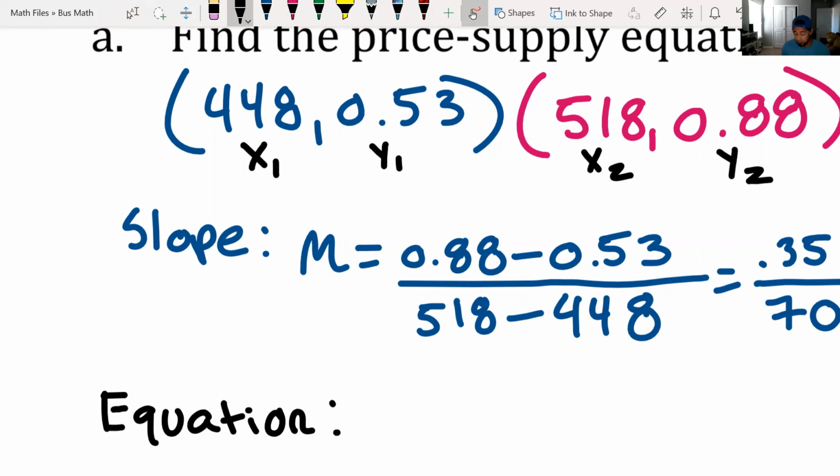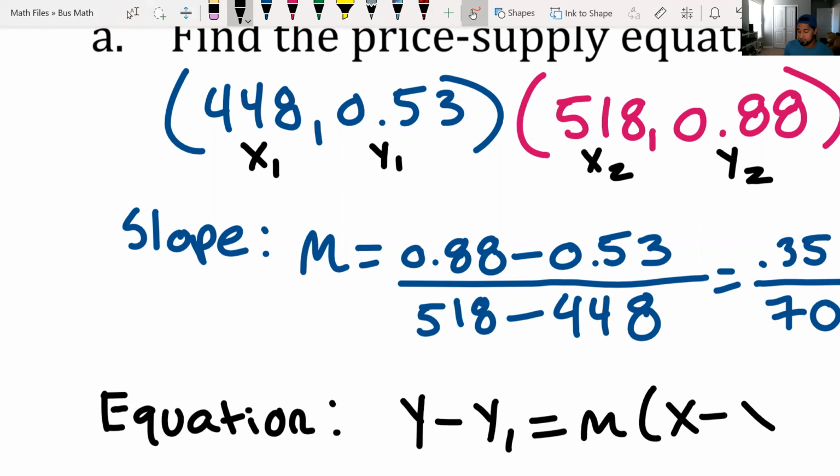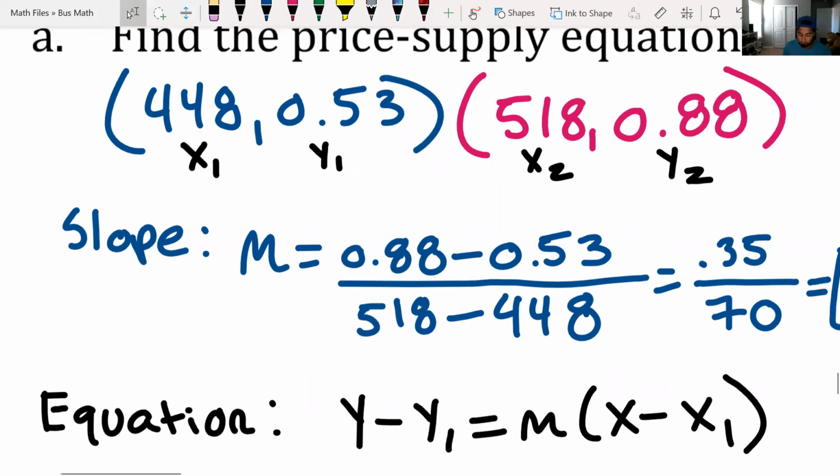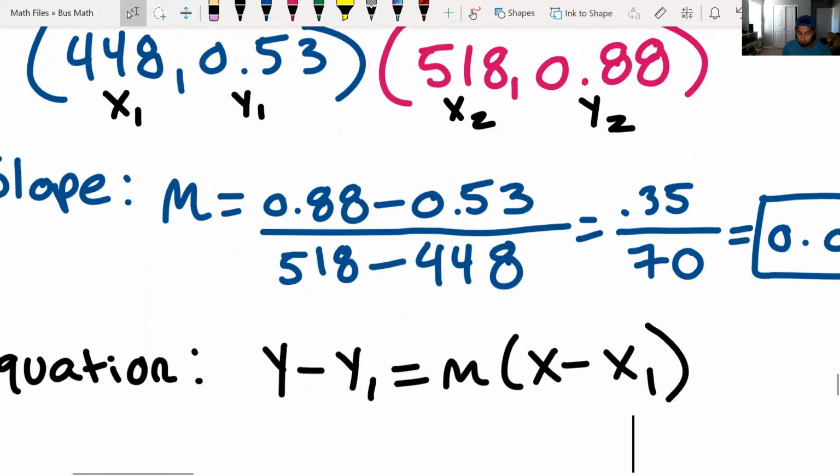And remember, our equation is y minus y1 equal to m times x minus x1. Again, it's good we have everything nice and labeled.